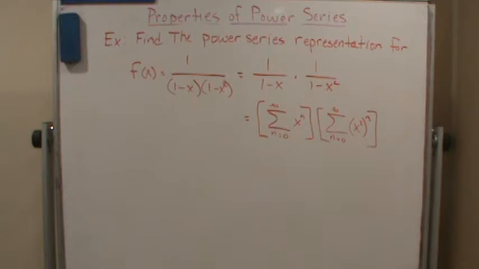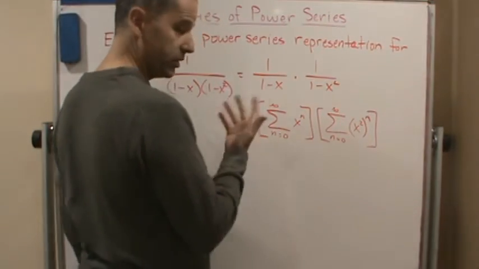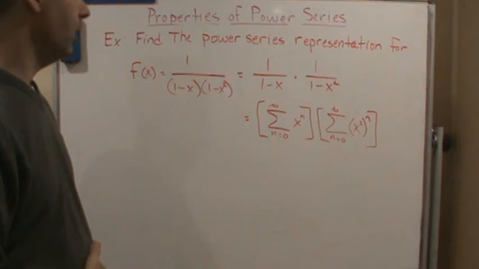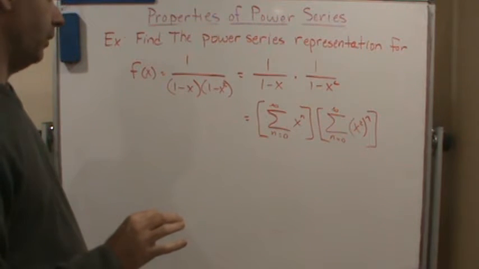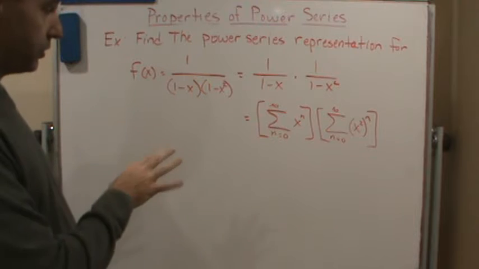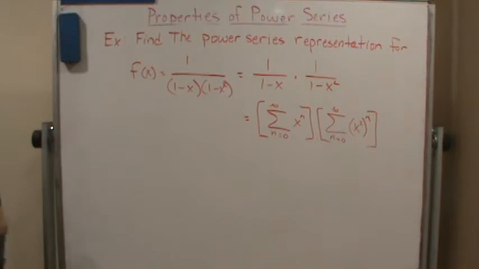Okay? Now, what we can do is use the Cauchy product, right? Since we know the common interval of convergence for each of these is -1 to 1, we can use the Cauchy product for these two series to come up with a representation of this function.